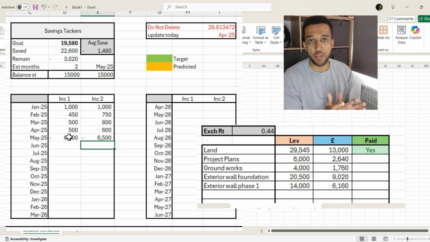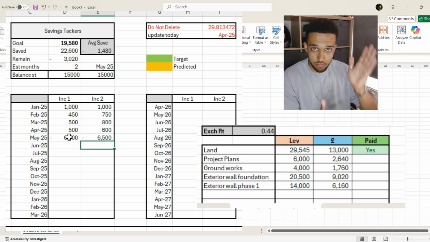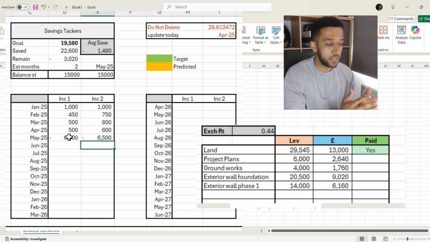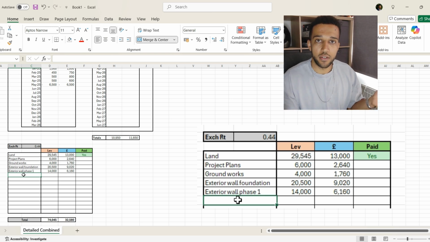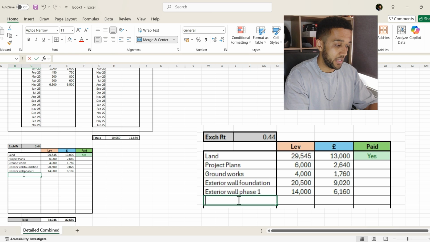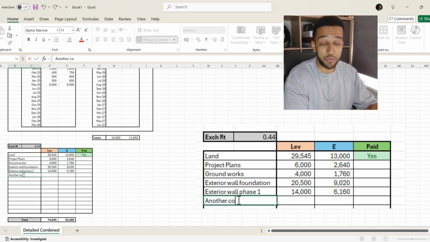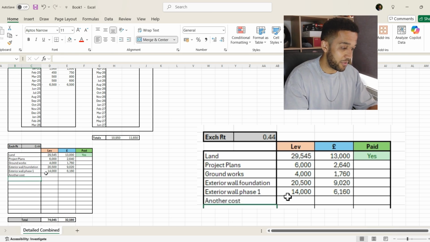If there's more than one of you investing, it helps to have multiple columns for each person's amount that's going in and each person's amount that's going out. And it just means that what you can then do is, let's say, for example, in 2 weeks, the architect or the engineer said that you needed to pay for, I'm literally going to type in another cost. There we go. Another cost has come up and it's going to be 40,000 lev.